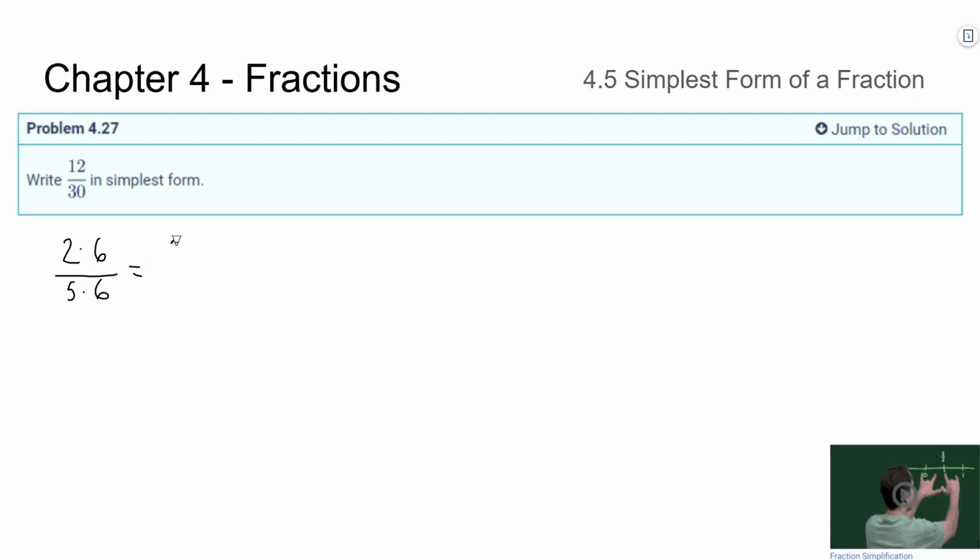So that becomes 2/5 times 6/6. We don't really need this step here. I'm just showing it to break down what it is we're actually doing. So then the 6 over 6 cancels out, that's just 1, and we're left with 2 over 5. 2 and 5 are both primes, so you know that that's going to be in its simplest form.